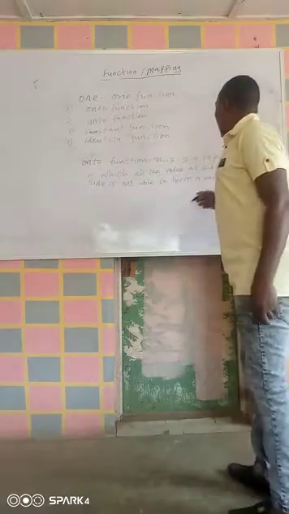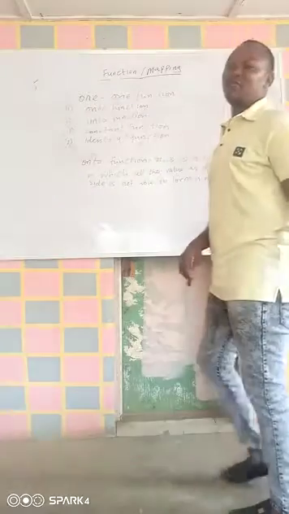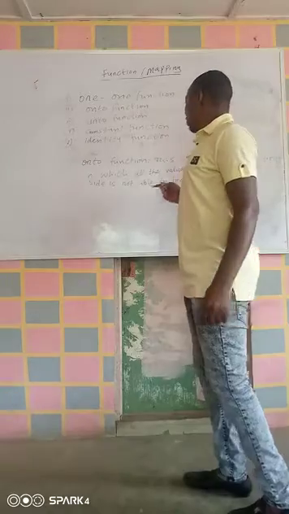So there are some values that are unable to pair with the domain. In that kind of situation, we say we have an onto function.